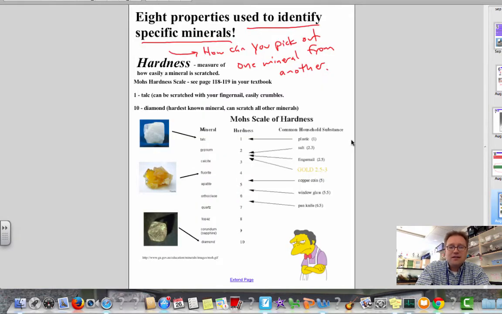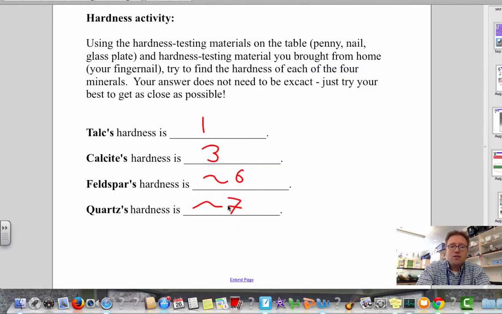You'll have to do this for the quiz: using the scale of hardness and other things at your disposal, like a nail, which is basically made out of steel, or your fingernail, you can figure out which minerals are harder than other minerals. We saw that quartz was able to scratch feldspar, but feldspar can't scratch quartz, so quartz is a little bit harder than feldspar. The hardest mineral is diamond. No mineral can scratch a diamond. Diamond is the hardest mineral, so that's pretty cool.